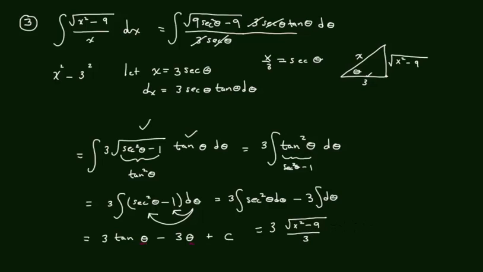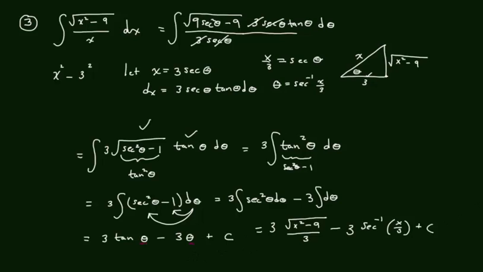And now what is theta? So the only way we can find theta here is to call theta the inverse secant of x over 3. So this is times the inverse secant of x over 3 plus c.